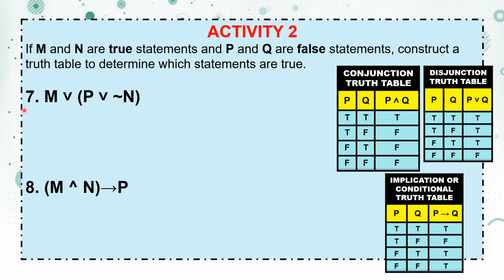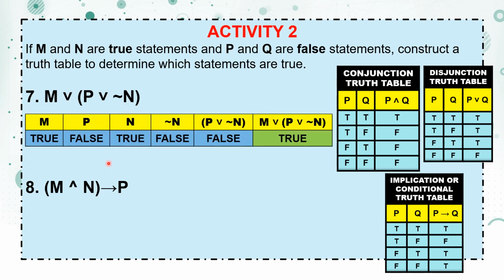Now, let's have the last two items. Number 7: M or (P or not N). We have three propositions, M, P, N. Let's write their truth values first. M is true. P is false.